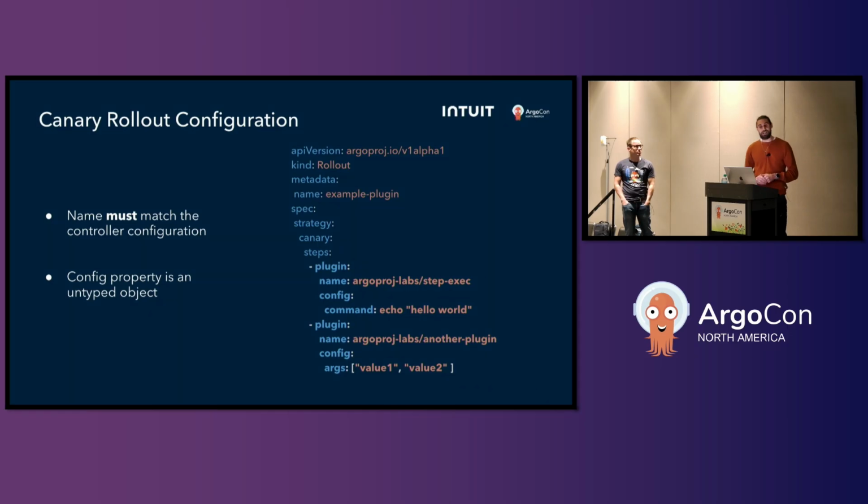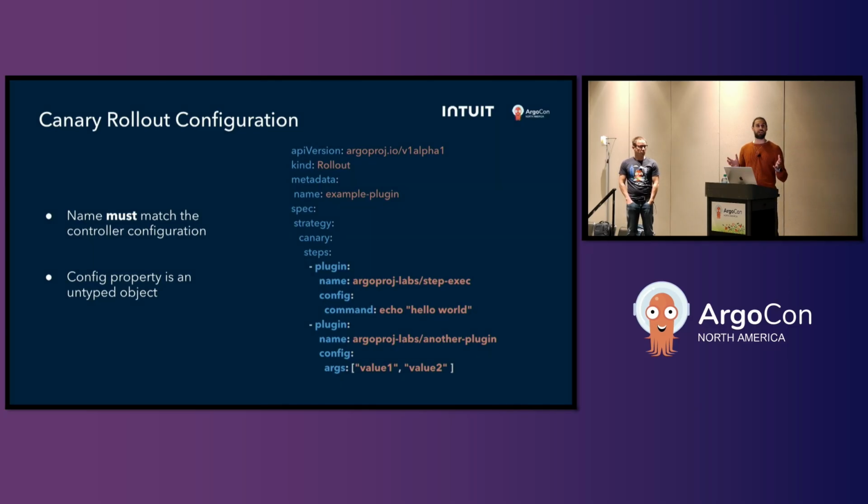So once the plugin has been configured in the controller, now it's time to configure your rollouts objects. To do that, we'll need to use the normal Canary steps. You can see the new step, the plugin step, and inside that step, we need to provide a name, and the name must match what has been configured in the rollout controller. Then there's also a config object.